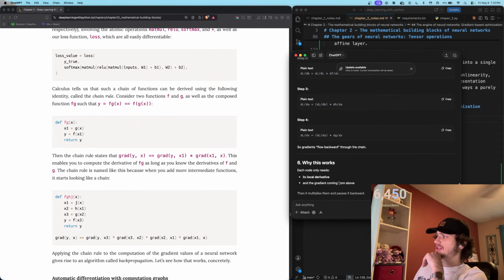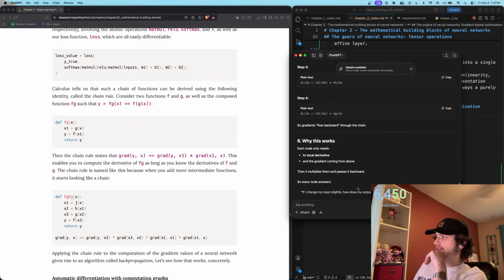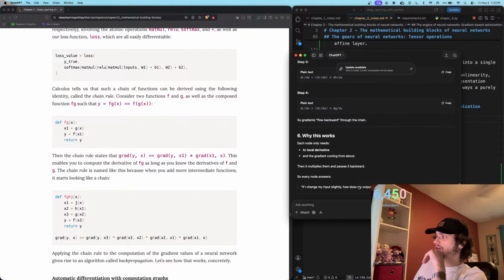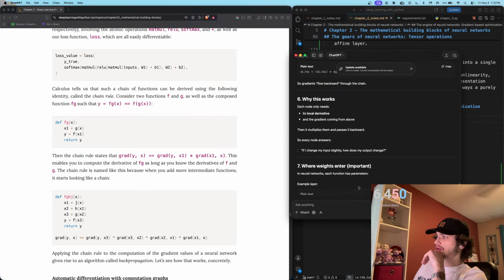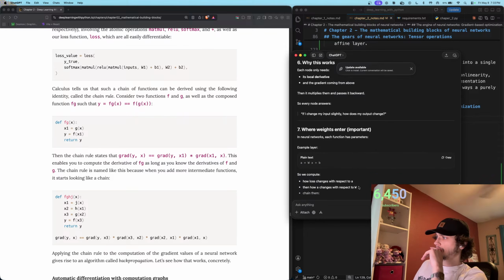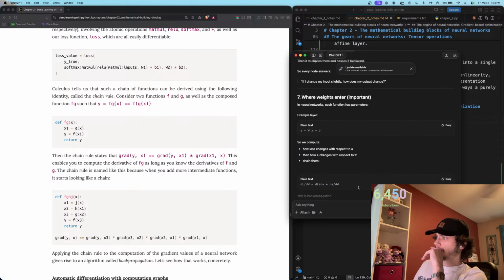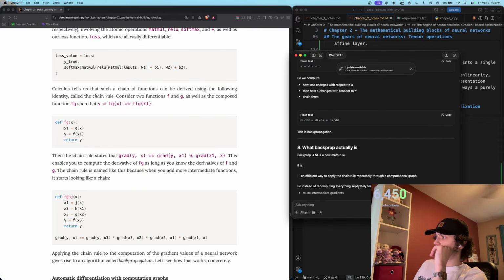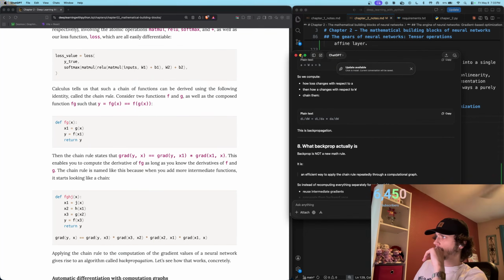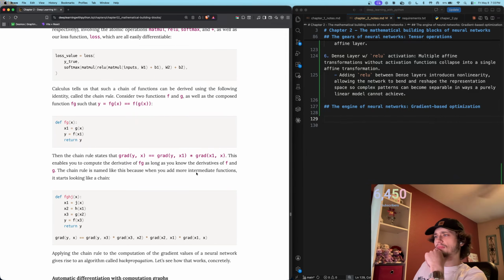Each node only needs its local derivative and the gradient coming from above, then multiplies them and passes the result backwards. So every node answers: if I change my input slightly, how does my output change? Interesting.